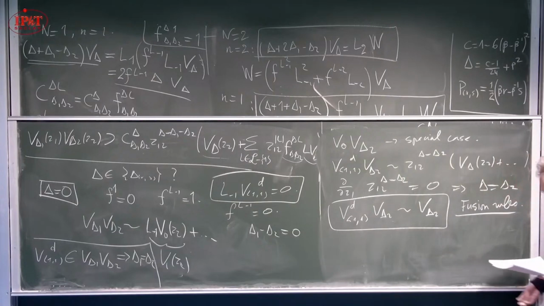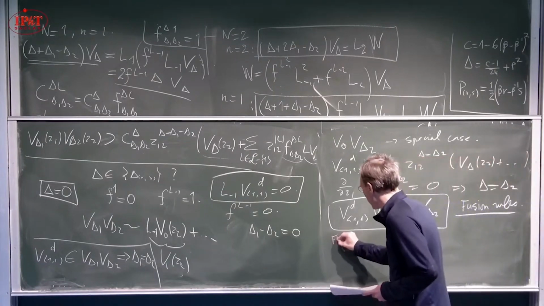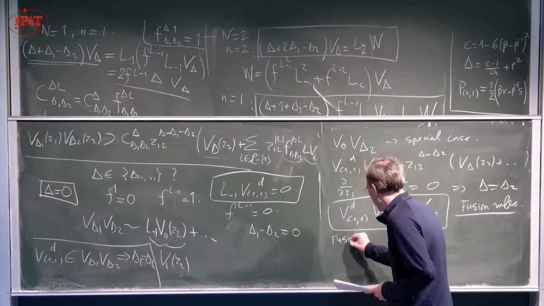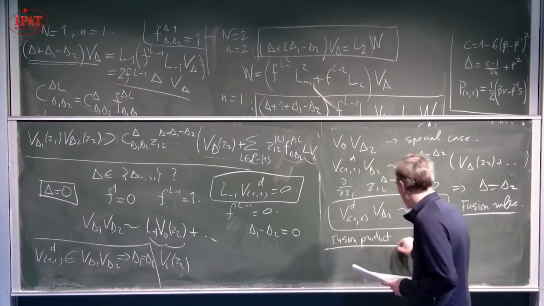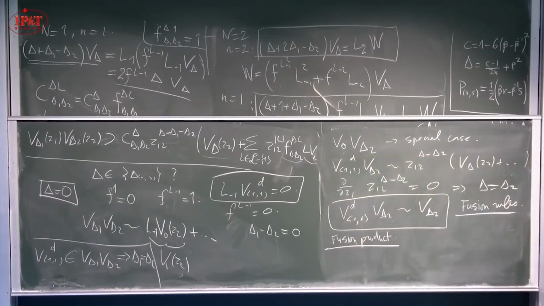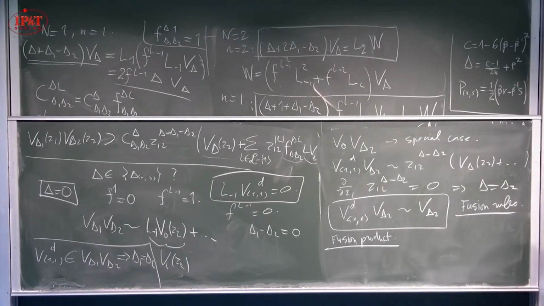So it's convenient to write these rules in terms of a fusion product of representations. So the idea is that there exists a fusion product of representations of the Virasoro algebra, which is a kind of generalization of the tensor product. It's a bit different from the tensor product.